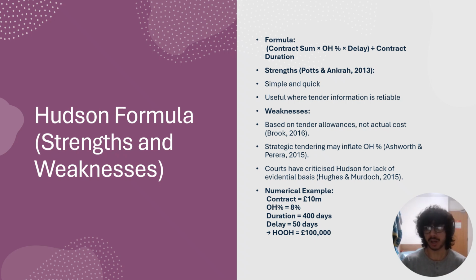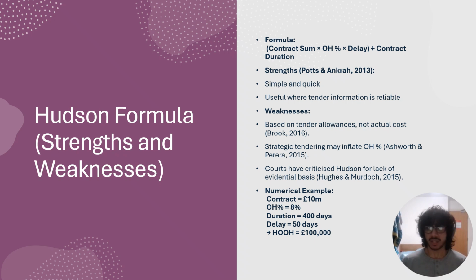Ashworth and Pereira argue that because Hudson doesn't use actual financial data, it risks inflating claims. Hughes and Murdoch also observe that its evidential basis is weak, which limits its acceptability in modern contract administration.